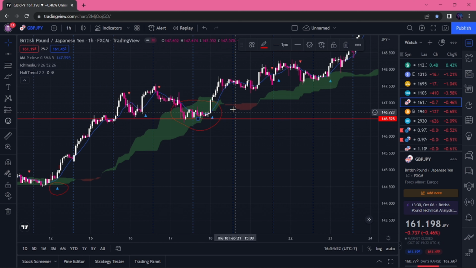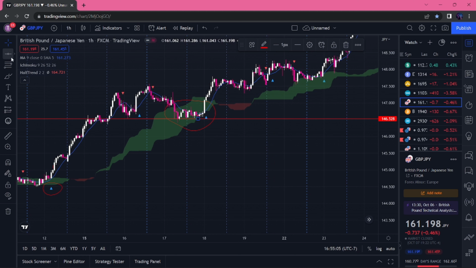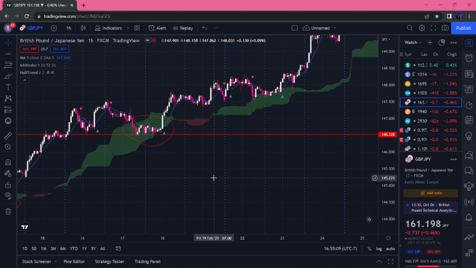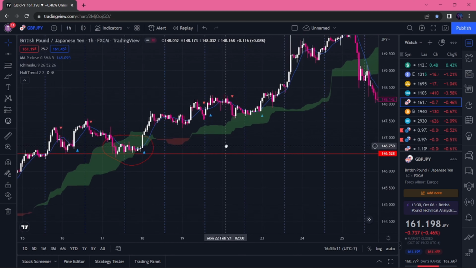Because it's resistance turned into support, we can assume that this is going to keep riding up, and that's exactly what it did here. It kept riding up.